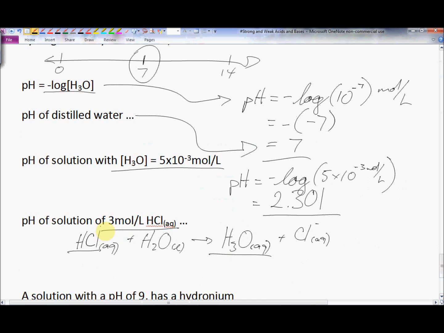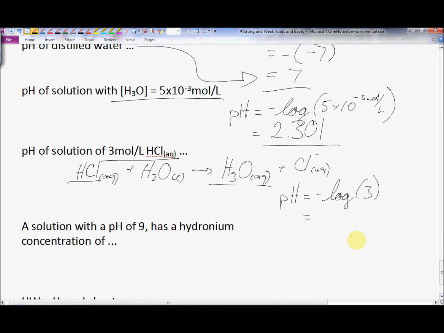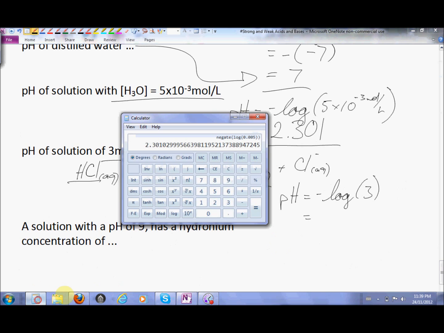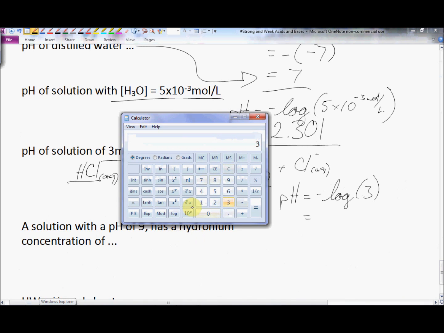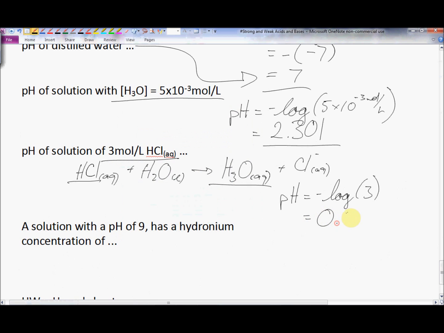So we can just take 3 moles per liter as the concentration of hydronium in this case. So the pH is equal to the negative log of 3. We take the calculator out: log of 3 is 0.477, and then negative, so negative 0.477. Almost 0. So very, very acidic when we have 3 moles per liter hydrochloric acid.